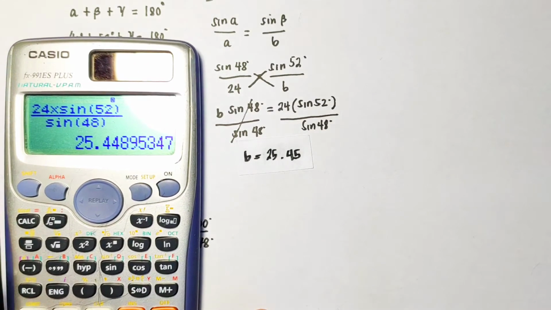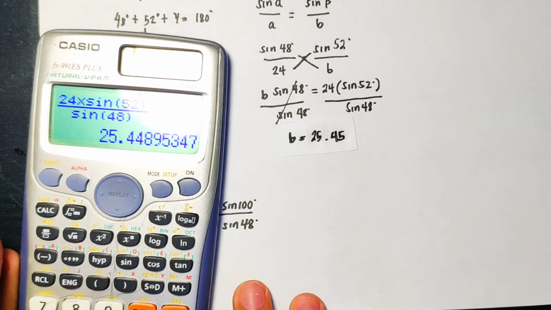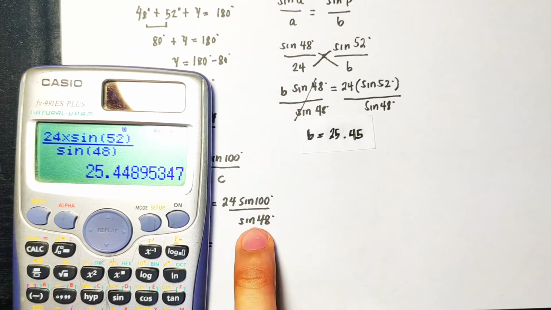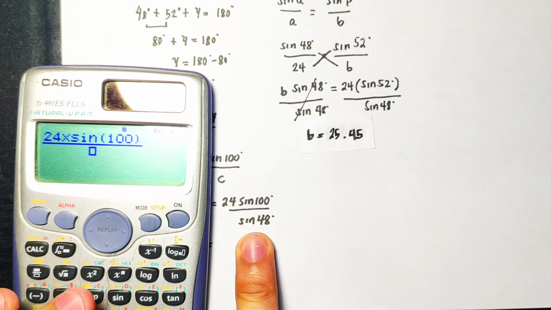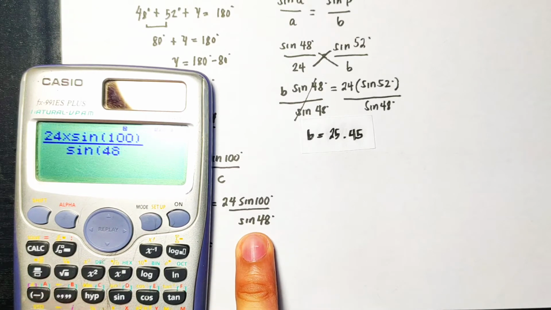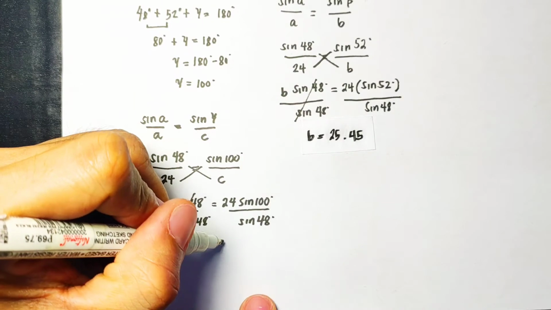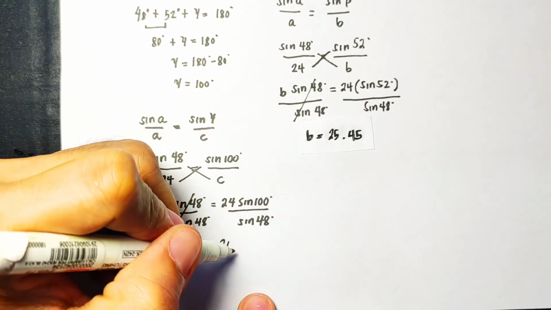Okay, so we need to compute this: 24 times sine of 100 divided by sine of 48 degrees. And that is 31.80. Again, the value of side C is 31.80.